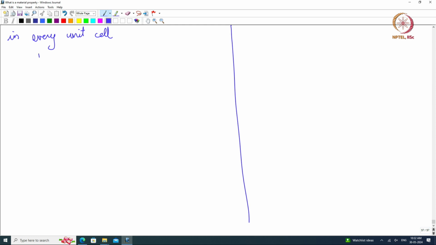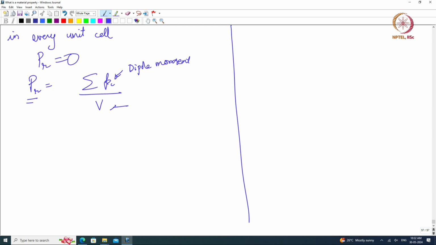then our net polarization is actually 0, because I am just adding up. What is PR? PR is nothing but the sum of Pi divided by the unit volume. That is, the total dipole moment in a unit volume.